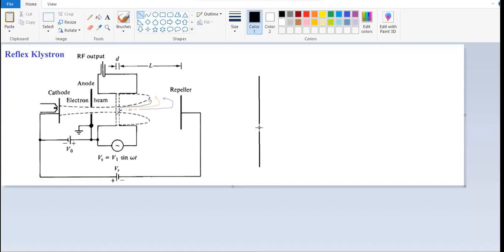So this is your reference, and I'll consider 3 full cycles.